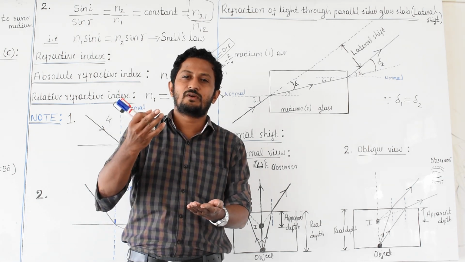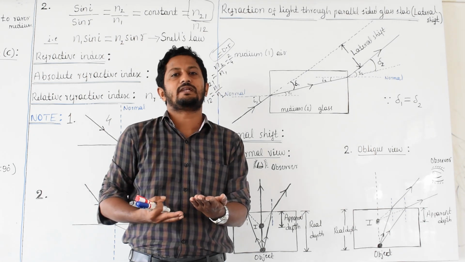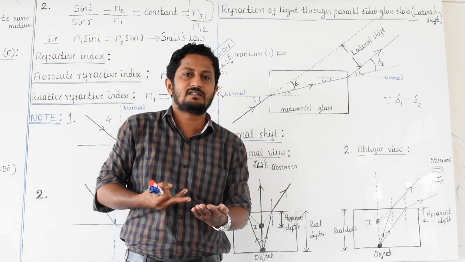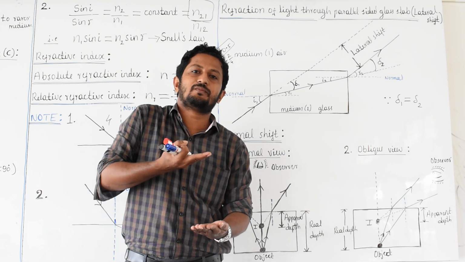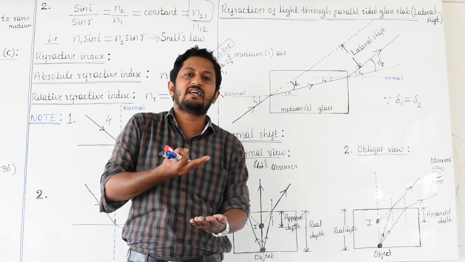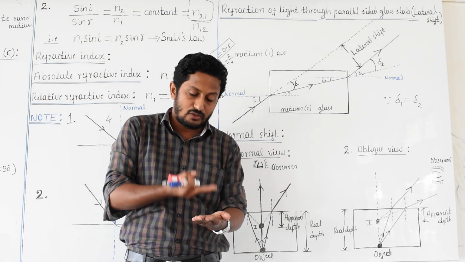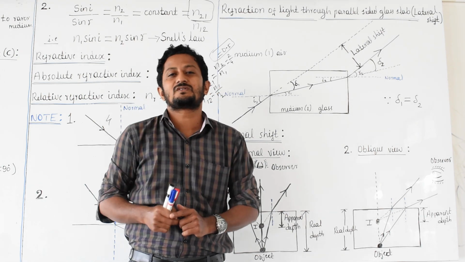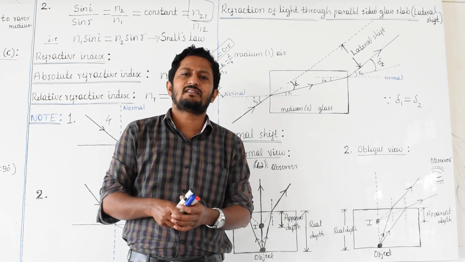Previously you noticed that coin was at the bottom only. Now in presence of water, that coin appears to have come up. That coin looks a bit enlarged in size. That coin looks like it came up. This is because of refraction of light. Like this, many examples are there.